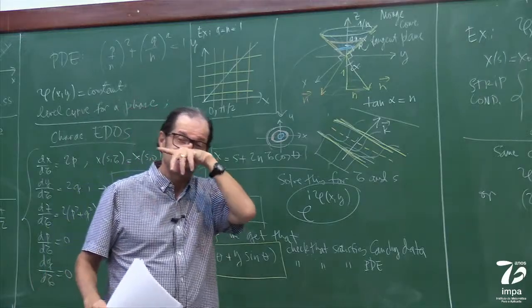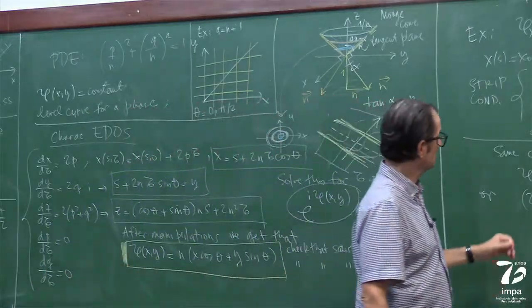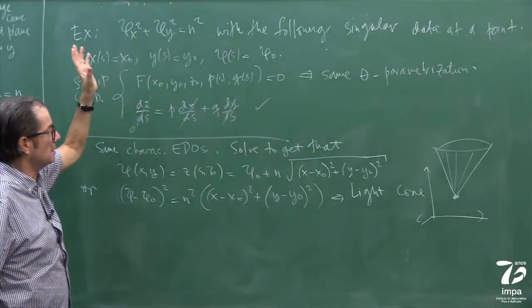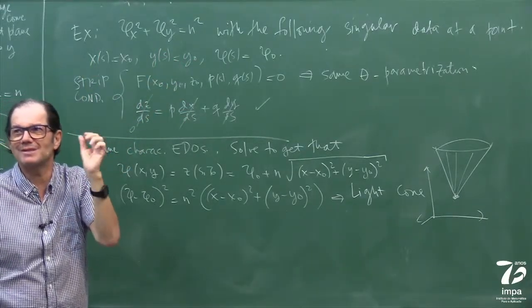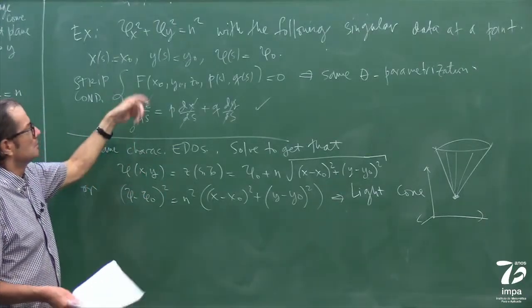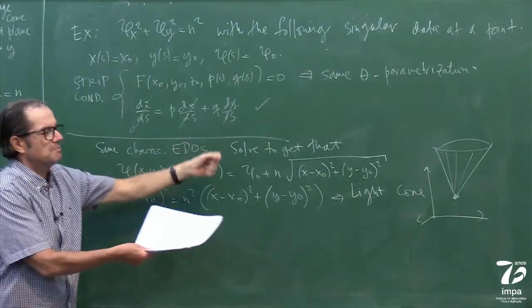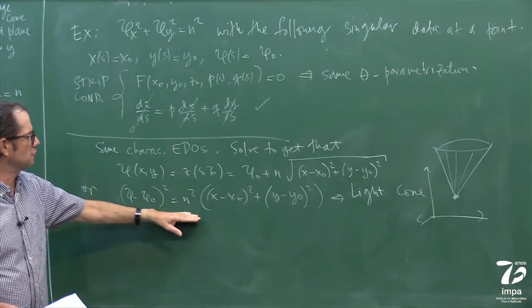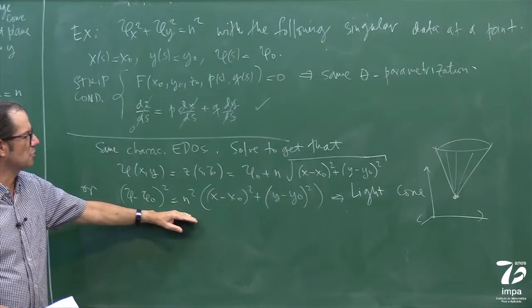So you have to make sure you understand, fill in the details. Okay, so basically, it's almost like the same thing with this funny looking data, which is only at a point, not at a curve. Well, let me see. Okay, I can deal with it. Solve the ODEs, substitute S tau, get rid of it. You come to this. It's better to write it like this because it looks like a cone and so on.